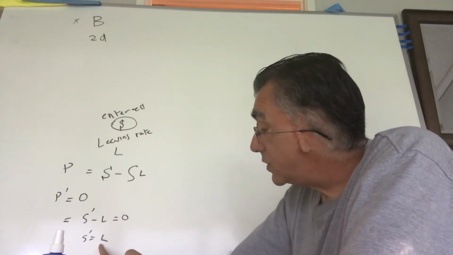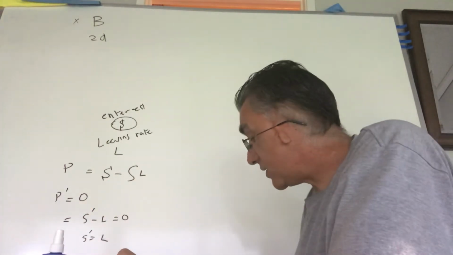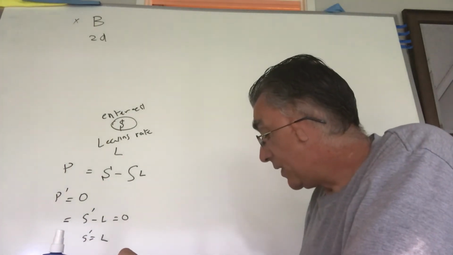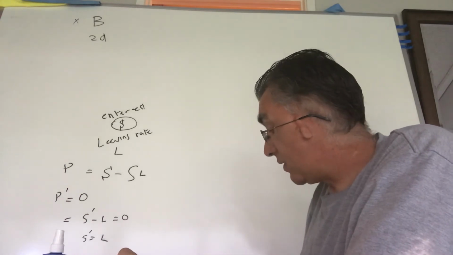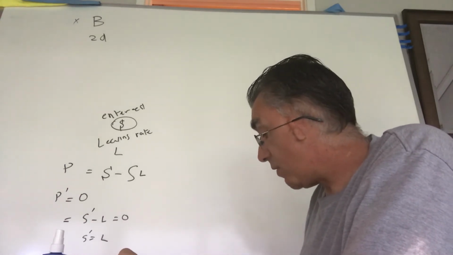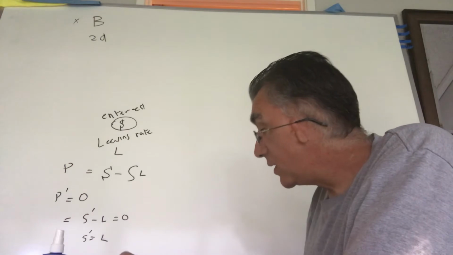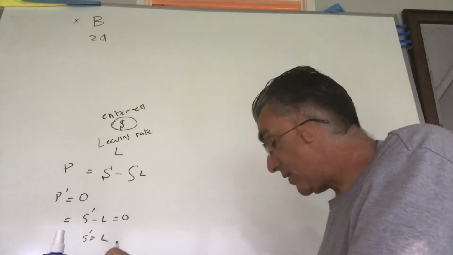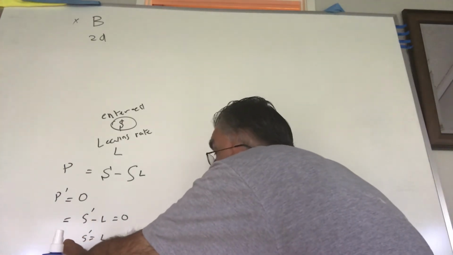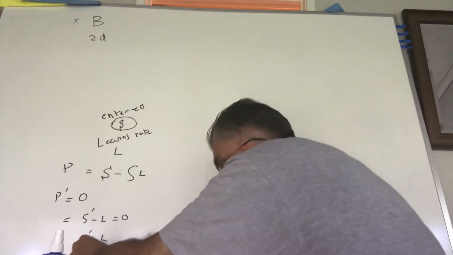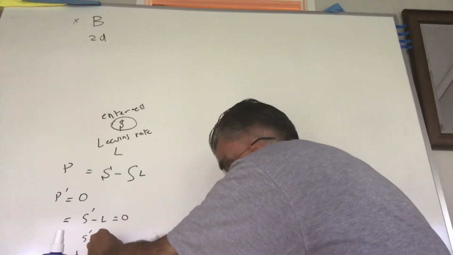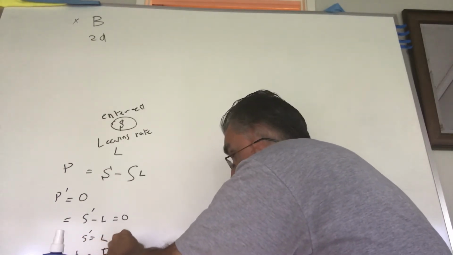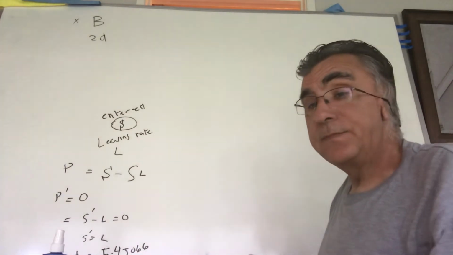What you're going to have to do is put this in the calculator. You take that derivative and put it in your calculator, then put the L function in Y2, and find an intersection. It turns out the time that it intersects at is 5.45066.